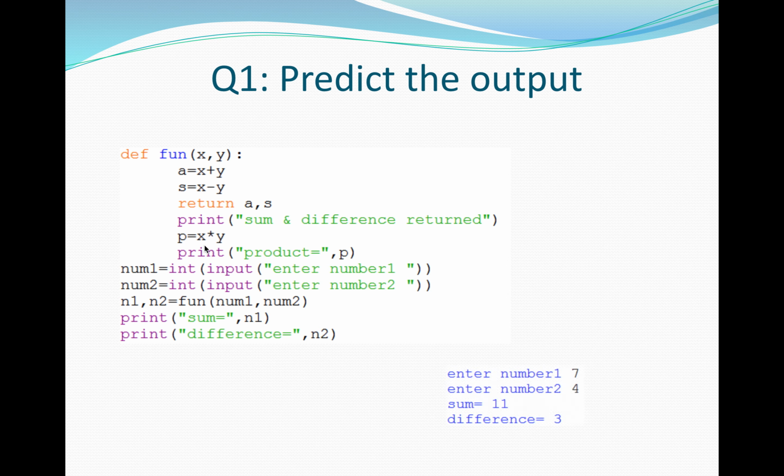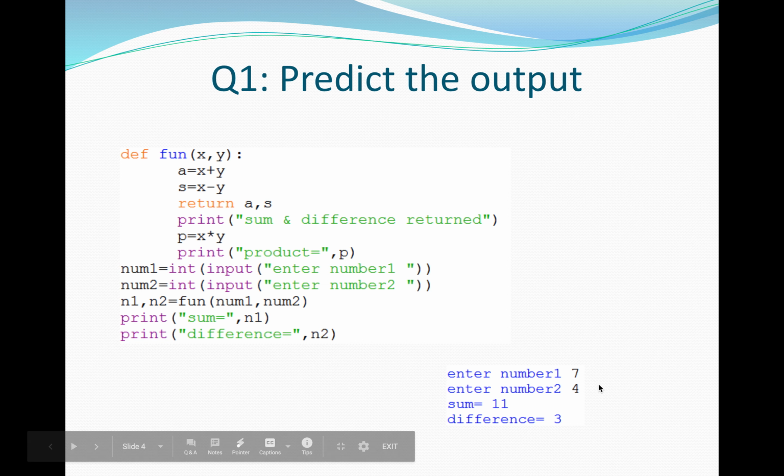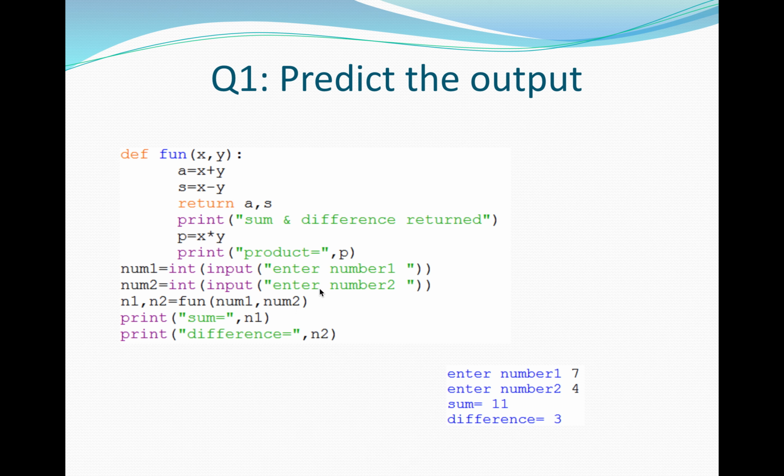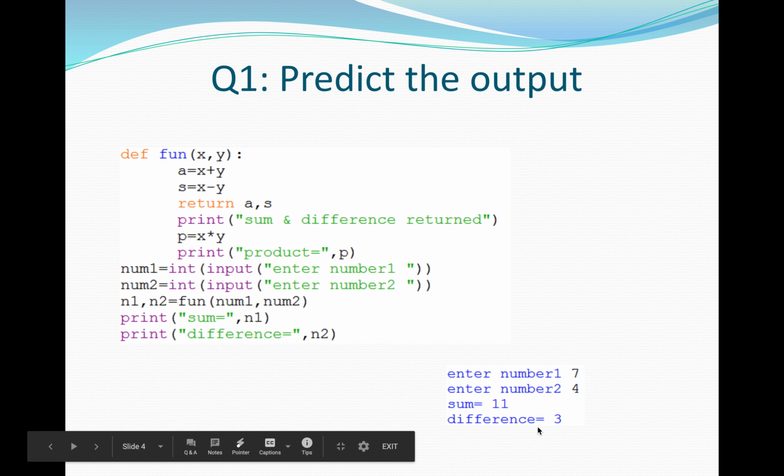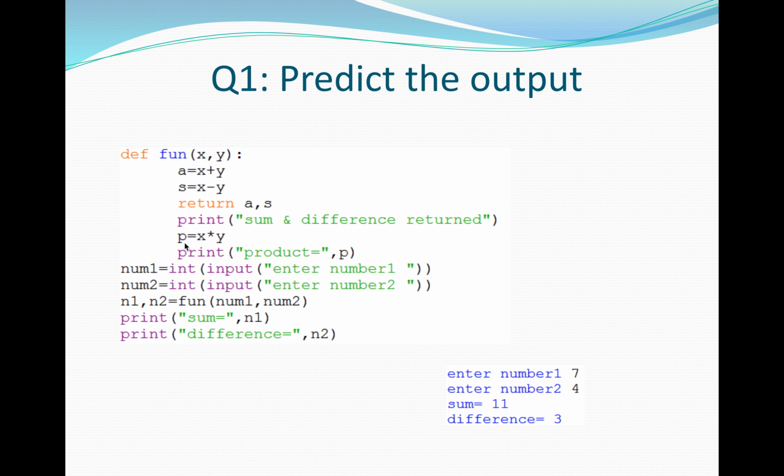So your output is like this: enter num1, enter num2, you enter 7 and 4. Then these two values are passed to the function definition. Then the results a and s are stored in n1 and n2. Then sum is displayed and difference is displayed. It will not execute the statements following the return statement.